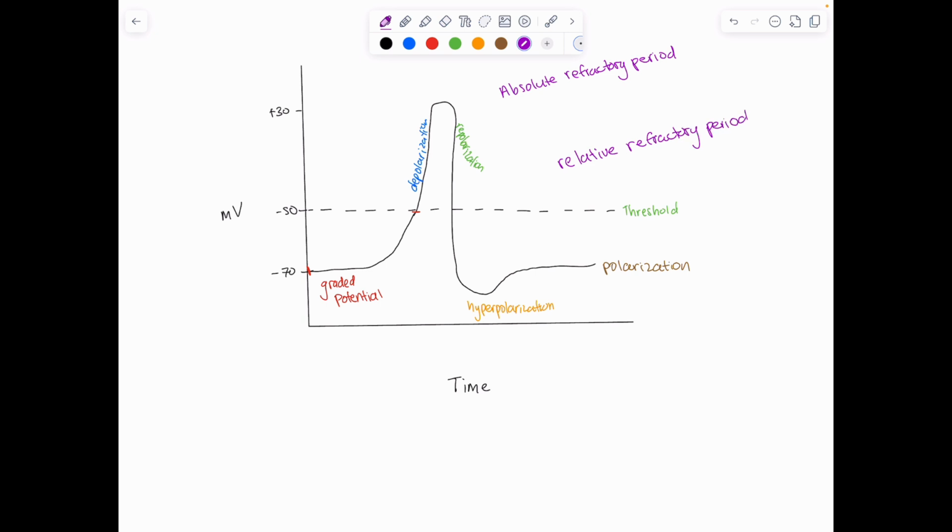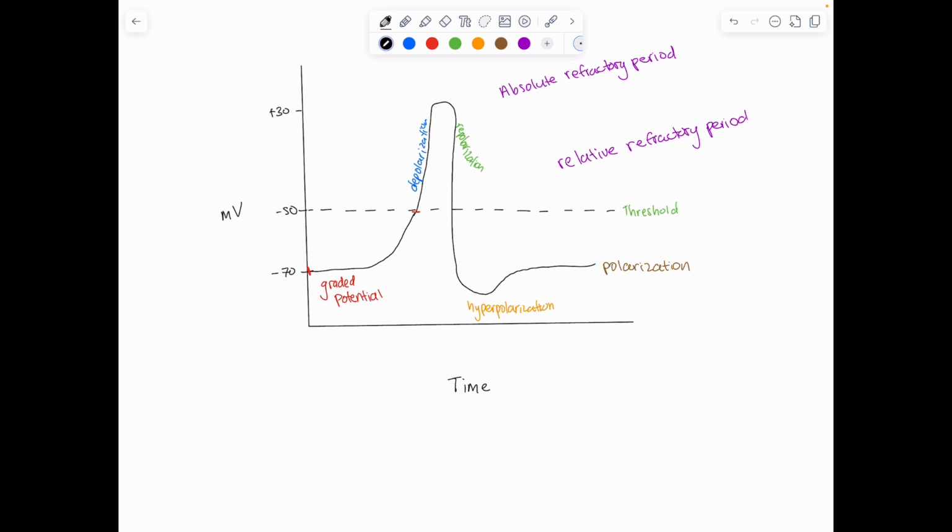The absolute refractory period is when, no matter the stimulus, another action potential cannot occur. And the relative refractory period is once you can start having action potentials start up again and be propagated. Now we will talk about what is happening at each phase during this action potential.